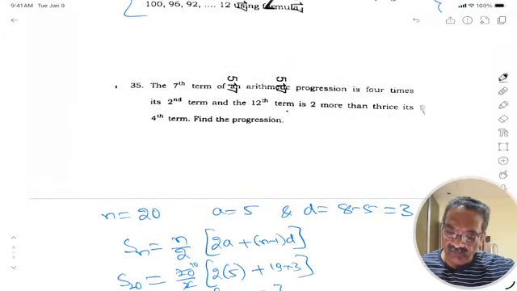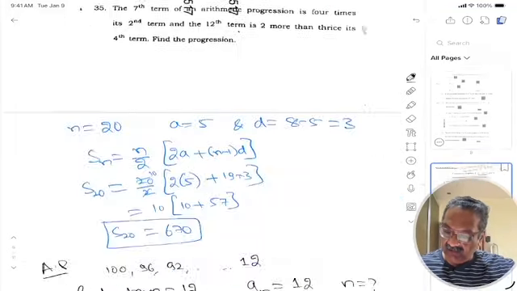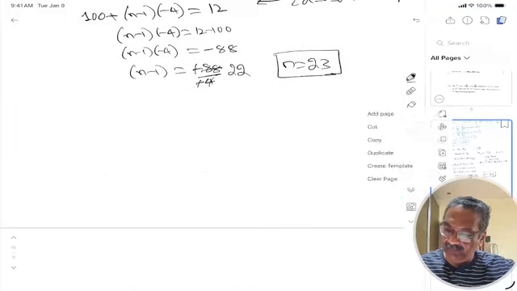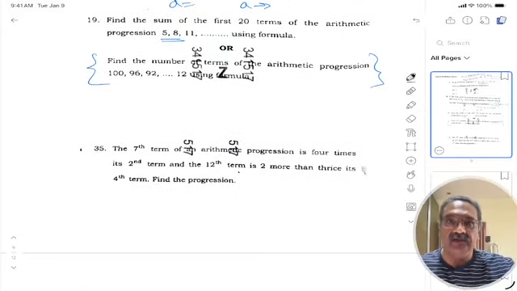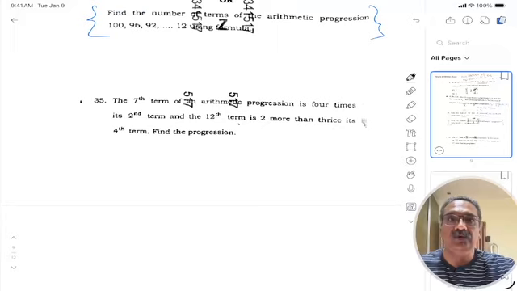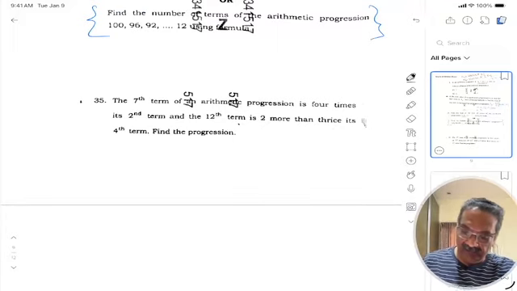The last question. The seventh term of an AP is 4 times its second term. That means, let us write it mathematically.